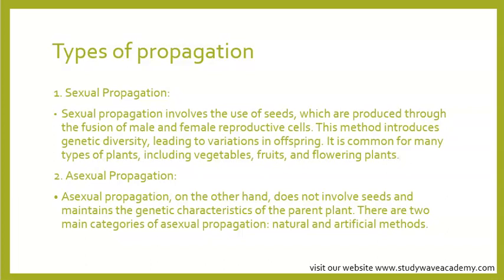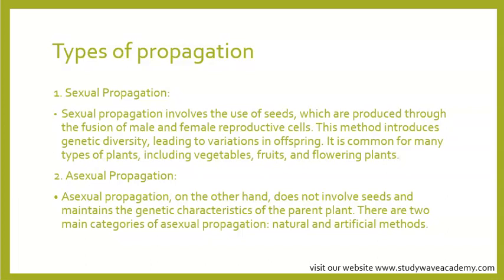Sexual propagation involves the use of seeds, which are produced through the fusion of male and female reproductive cells. This method introduces genetic diversity, leading to variations in offspring. It is common for many types of plants, including vegetables, fruits, and flowering plants.